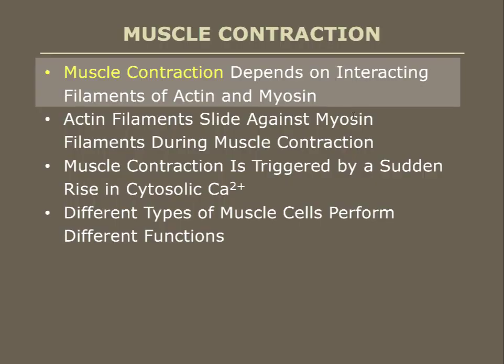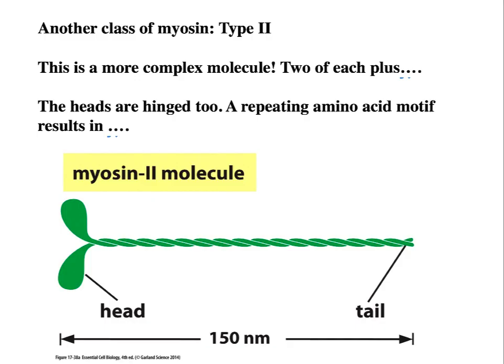So moving on to the next component, which is muscle contraction, we'll find that here actin interacts with a different myosin, and this is known as type 2 myosin. Type 2 myosin is much more complex than the type 1 myosin we just looked at earlier.